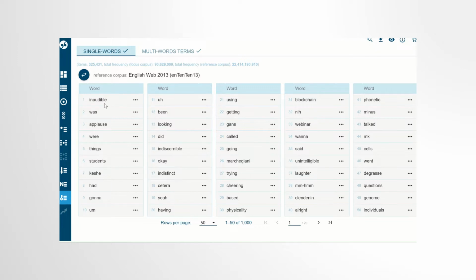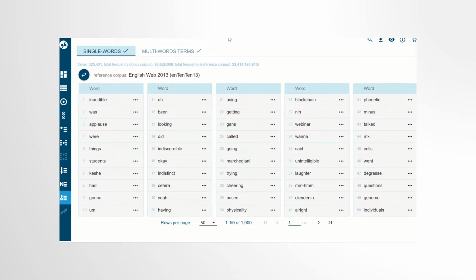So words that are disproportionately frequent in this corpus of subtitles, as for instance inaudible, applause, students, looking, yeah, which is clearly a response token in spoken language.